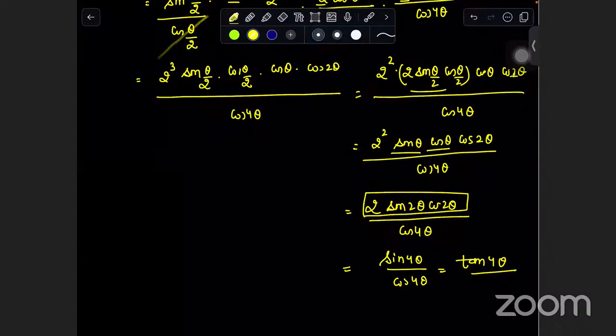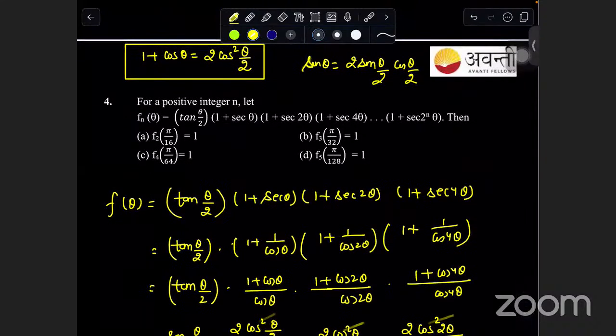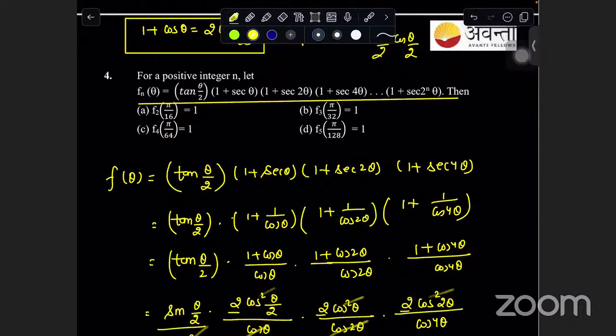All right. See, I'll explain it again. For a positive integer n, let this be the entire equation. I'll shorten this equation. We will not do it up to the nth power; we will do it up to this step: tan(theta/2), 1 plus sec theta, 1 plus sec 2 theta, 1 plus sec 4 theta. All right.